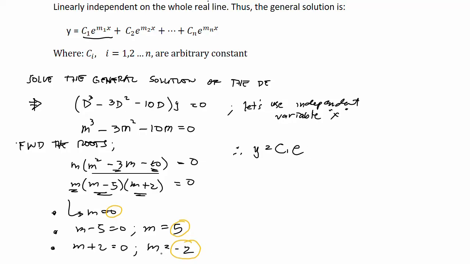This is our m sub 1, we have negative 2x, and then plus another constant c sub 2 e raised to power m sub 2, 0x, plus c sub 3 e raised to our root 5x.